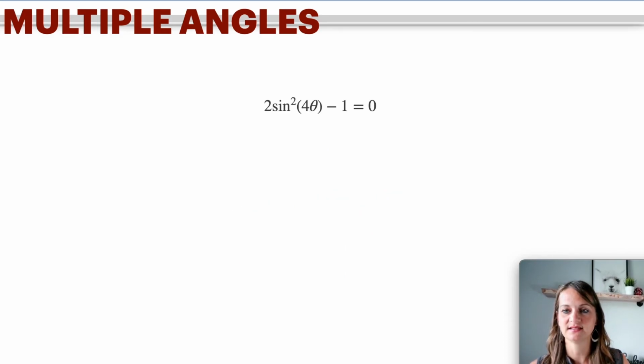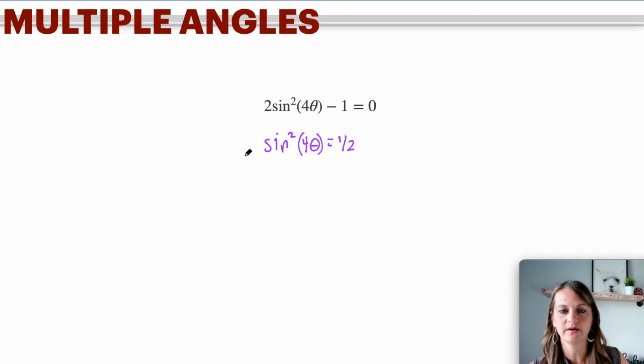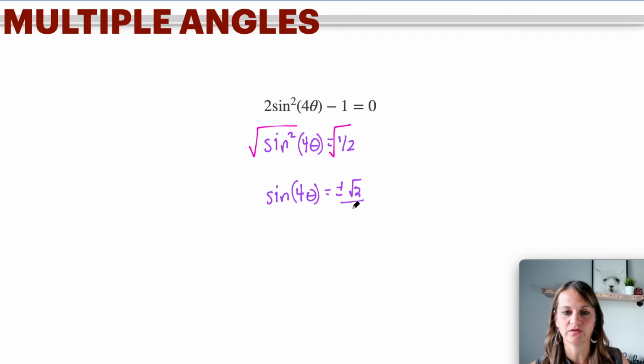So in this case, same thing's going to apply. This is going to give me sine squared of 4 theta is equal to 1/2. I got to get rid of this square by taking the square root. So sine of 4 theta is going to give me plus or minus the square root of 2 over 2. So first we need to determine when is sine equal to the square root of 2 over 2 and negative.